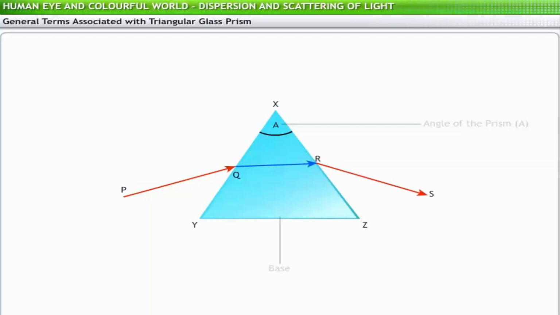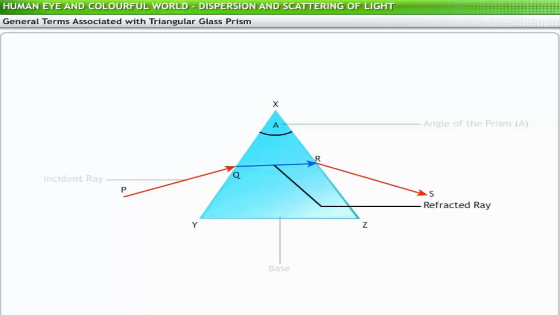Now, a quick recap of the terms associated with refraction. The ray of light that is incident on a surface is called an incident ray. Therefore, PQ is the incident ray. Q is the point of incidence. The ray that deviates at the point of incidence due to a change in the medium is the refracted ray.